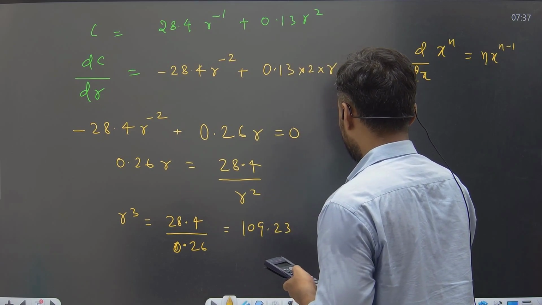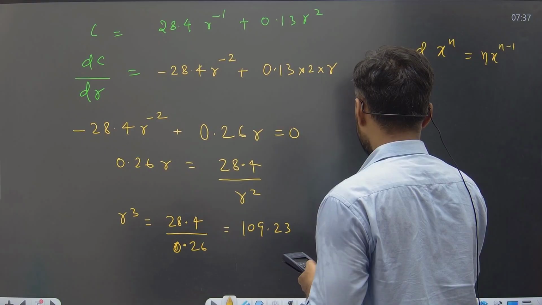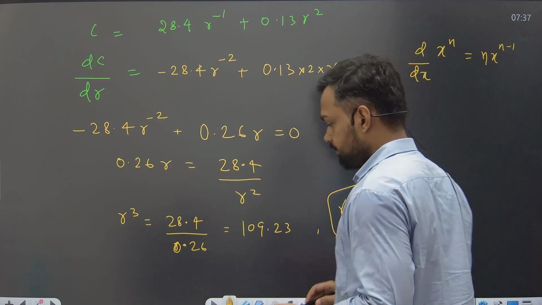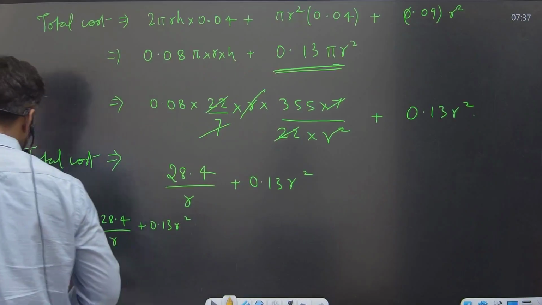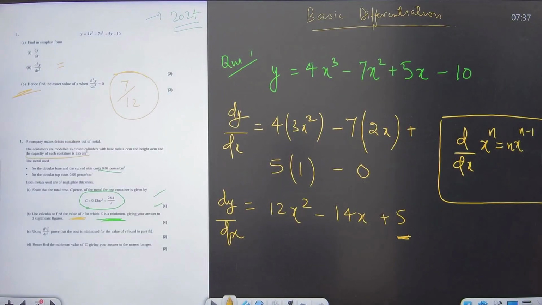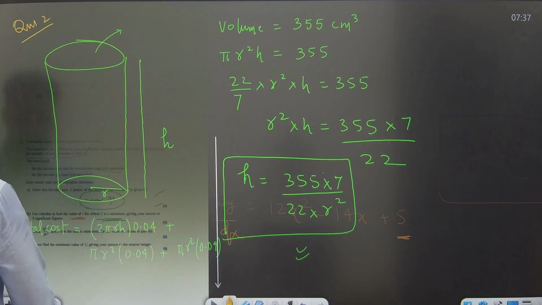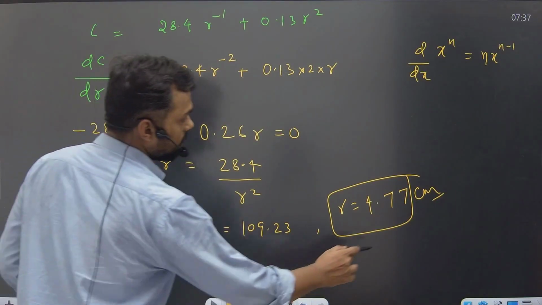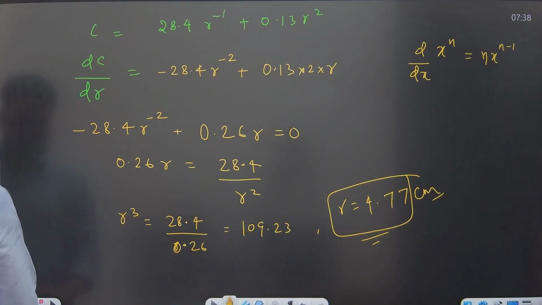So r is 4.77 centimeters. Don't forget to write the units here. They asked for 3 significant figures, so that is fine.